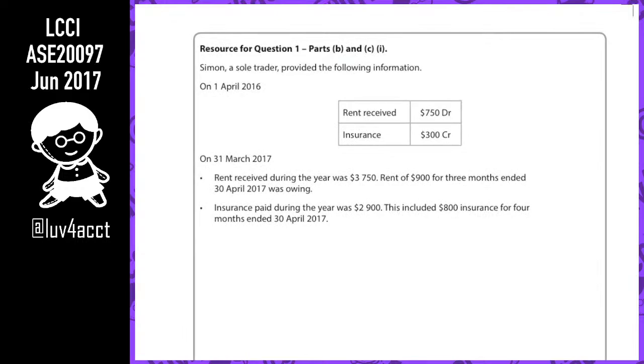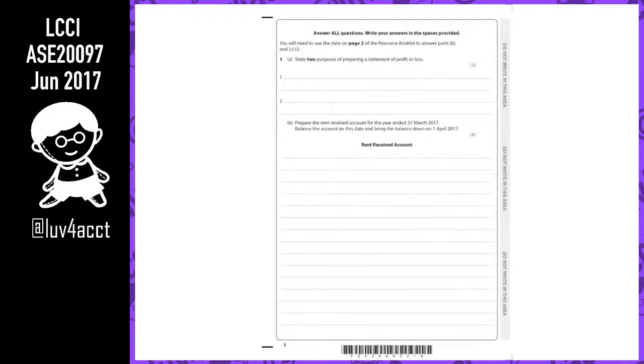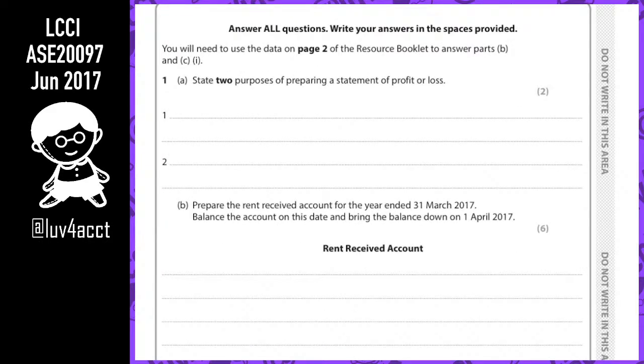Question 1. Simon, the sole trader, provided the following information about rent received, insurance, and then some other information. State 2 purposes of preparing a statement of profit or loss. Of course, we want to know the amount of profit or loss for the current year.